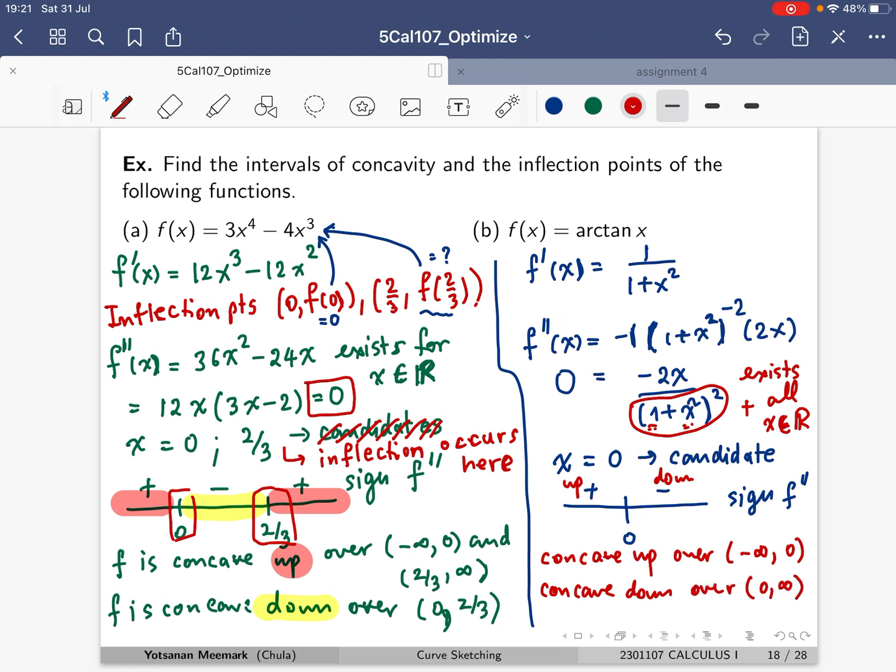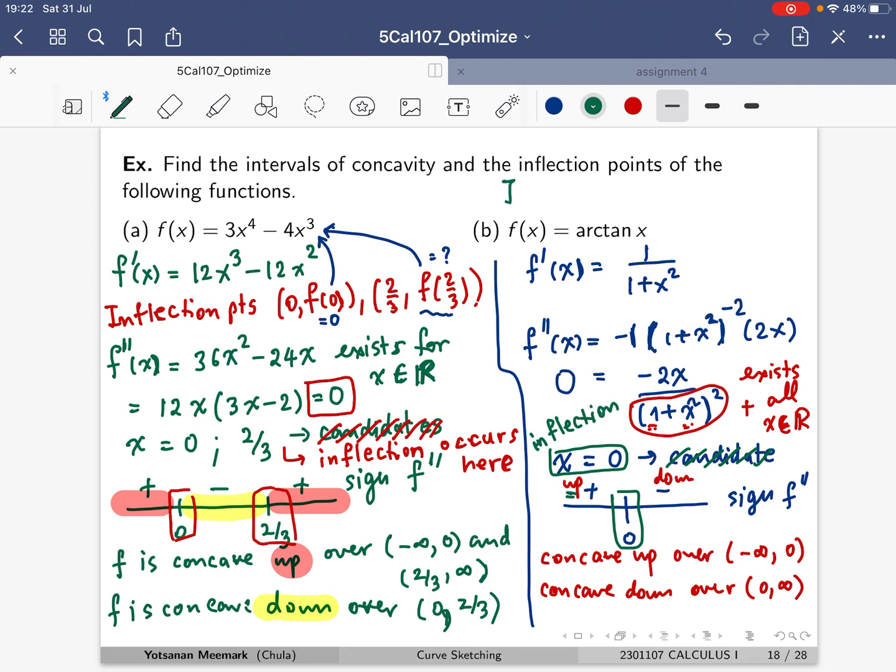Okay, and that 0 now is not only the candidate, because you see at this particular point concavity changes from up to down, so the inflection point also occurs at this x value. The inflection occurs here.